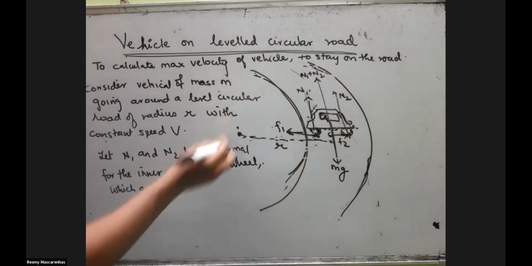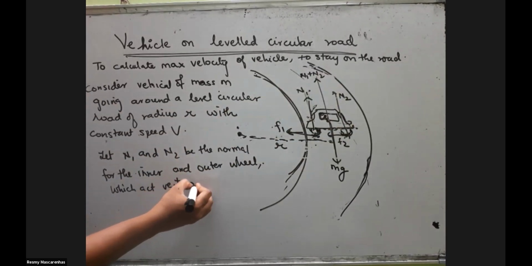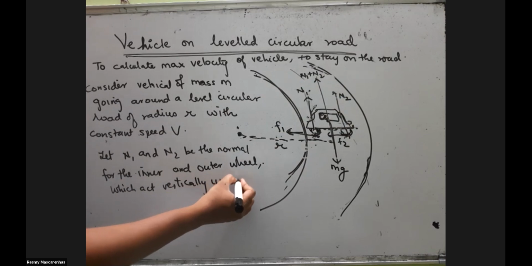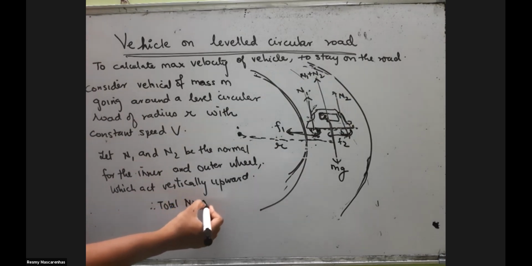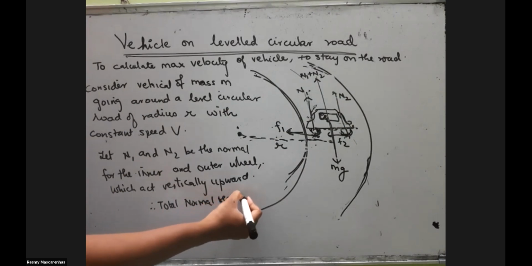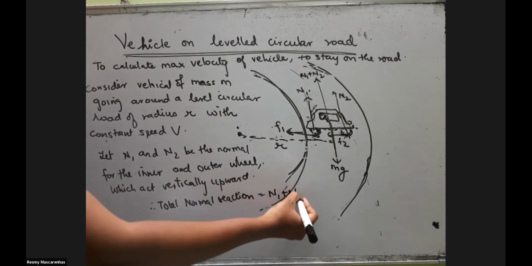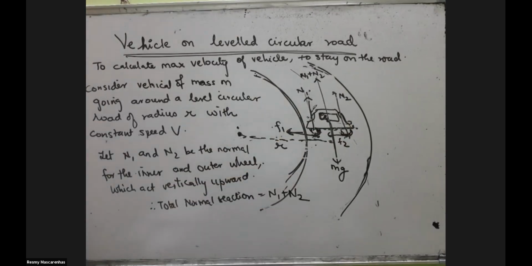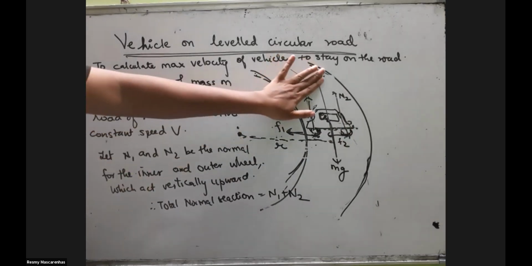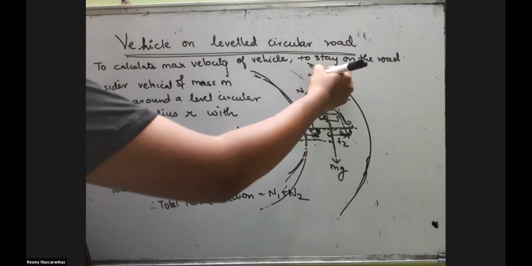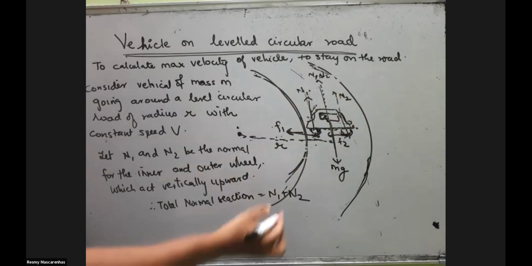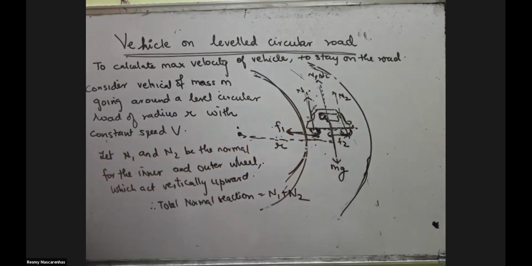Which way are they acting? Vertically upwards. Therefore, the total normal reaction will be how much? Both are in the same direction. Even if you don't draw this arrow, it's understood. It's just a combination of these two, N1 plus N2. Now see, equate the vertical forces. Which vertical forces are there?